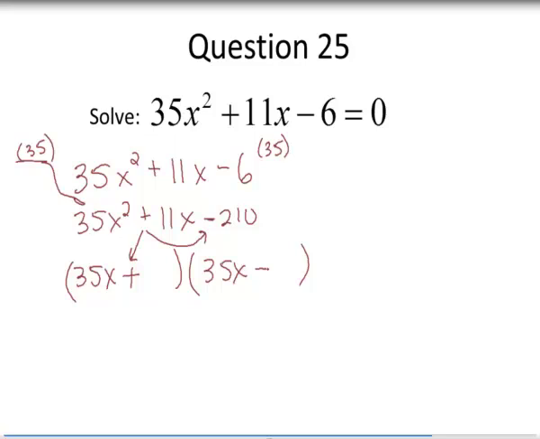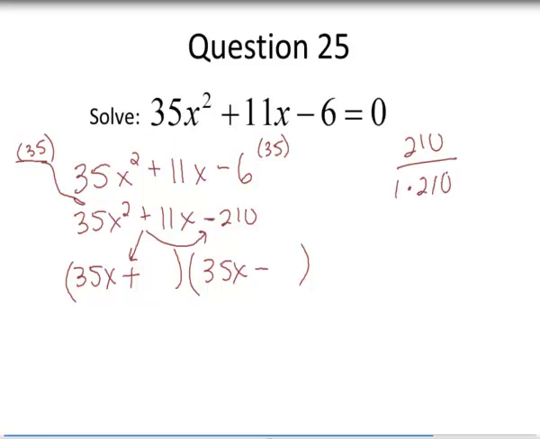So here we go back to that question. Are we looking for factors that add or factors that subtract? Factors that subtract because the signs are different, right? Okay, so we're looking for factors of 210 that'll subtract to 11. So what are some factors of 210? 1 and 210.